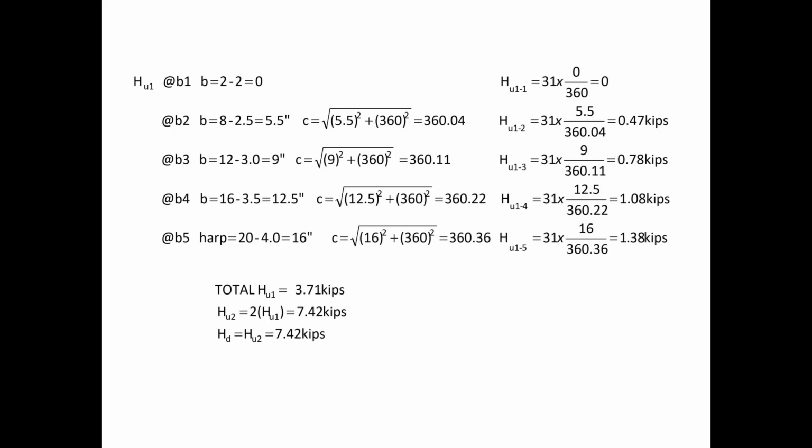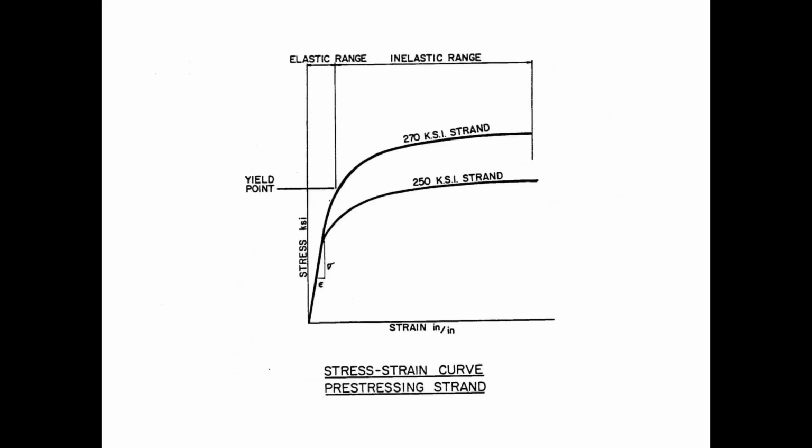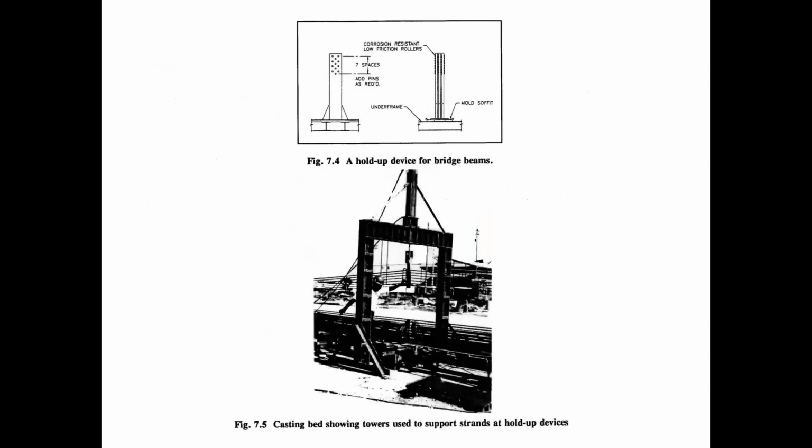There is the other option, the portal frame that was shown in figure 7.4, that column would be sitting on the soffit of the bed, between beams, so it's not cast in concrete. In figure 7.5, that hold-up device, those portal columns are outside of the soffit of the bed. They're on either side of the soffit of the bed. So hopefully that answers the question.